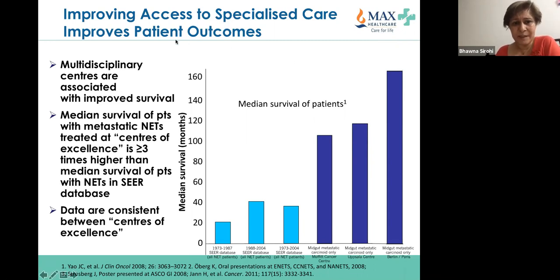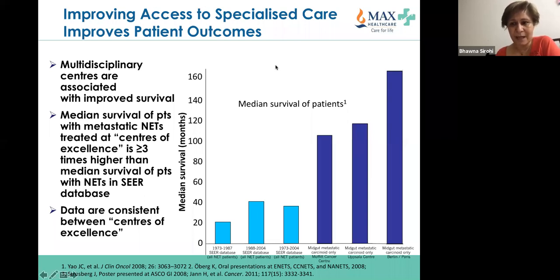So what you can see from this slide is there are certain cancers which are better treated in tertiary centers. The median survival of patients with metastatic tumors, if they were treated at centers of excellence, was 3 times higher than the survival of patients in the SEER database.